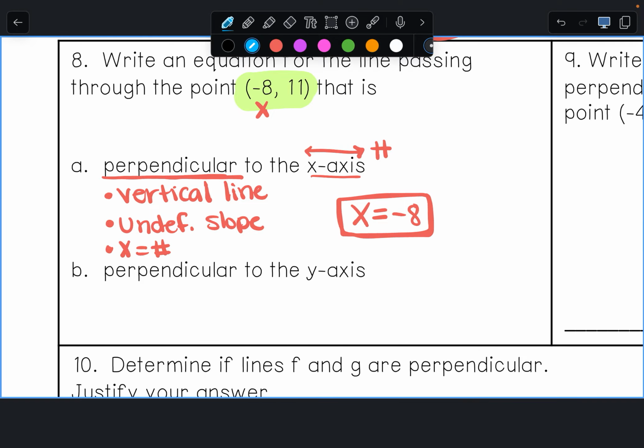Now they want us to write an equation perpendicular to the y-axis. Well, the y-axis is a vertical line, so a line perpendicular to it will be horizontal. And the slope of a horizontal line is 0.